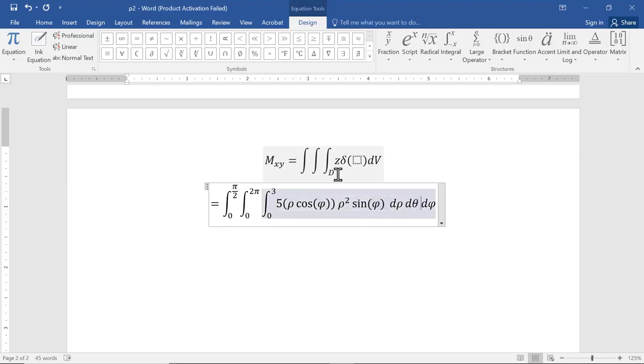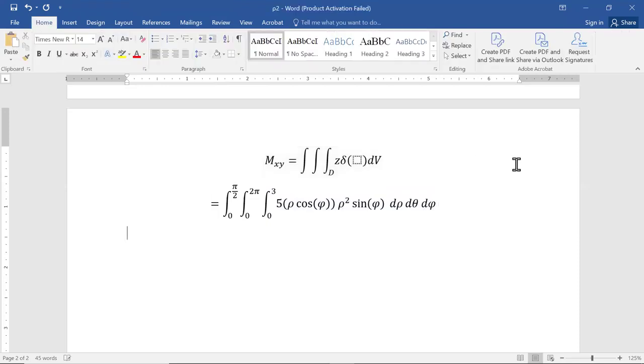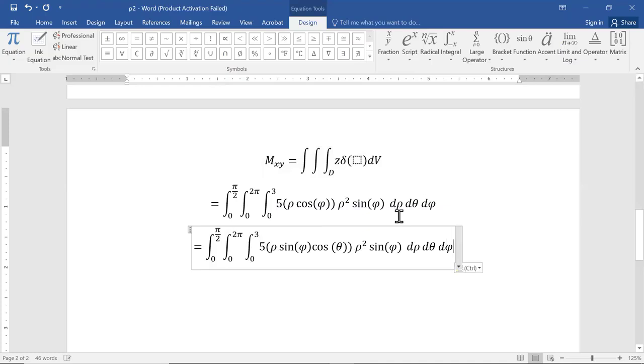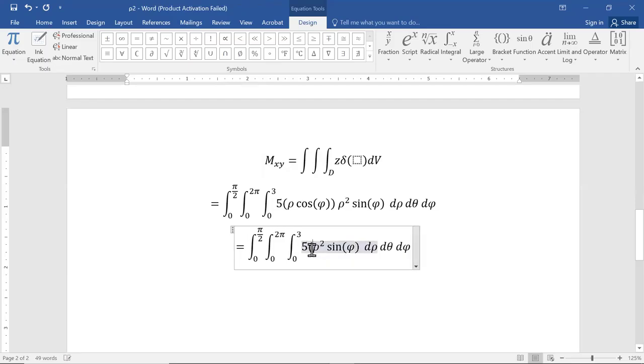And so this is what we get. In this case, the order of integration is not going to help me or hurt me. But we can see that we're going to get rho cubed times sine of phi times cosine of phi.